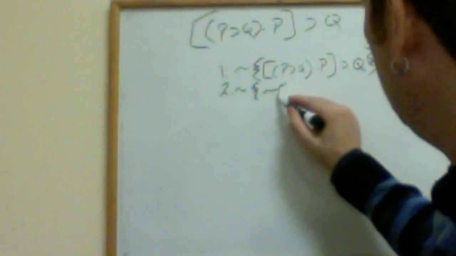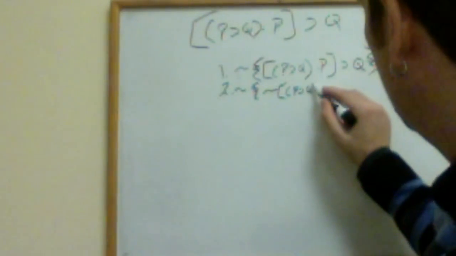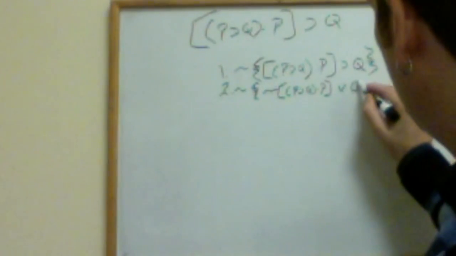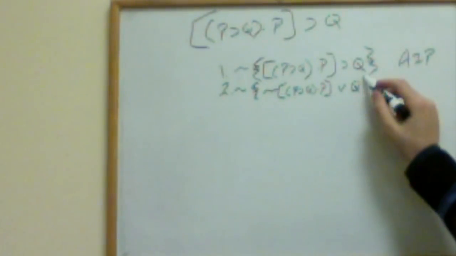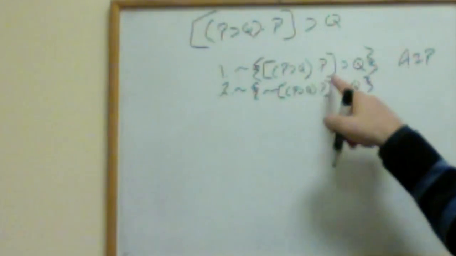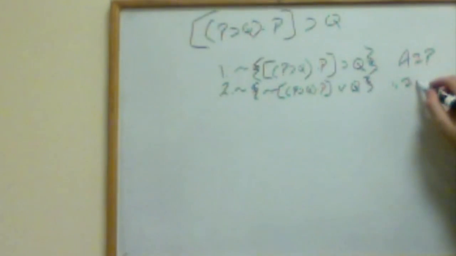So we write tilde P horseshoe Q dot P, either that's not the case, wedge Q. And of course we still have our negation sign from here, so we simply worked inside here and we applied our implication rule to that.